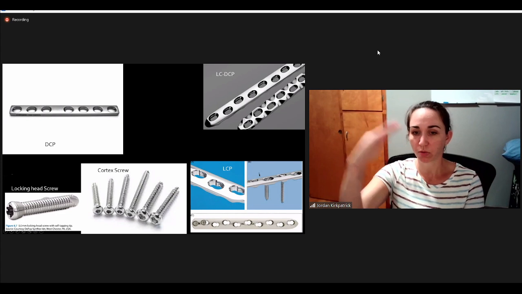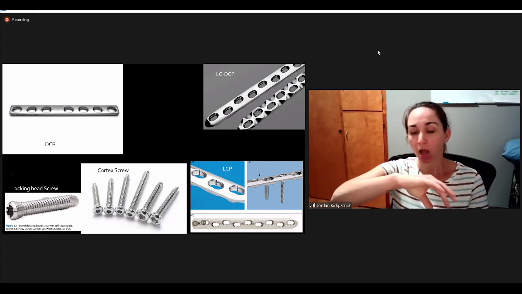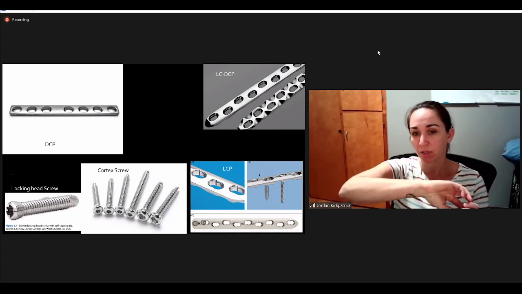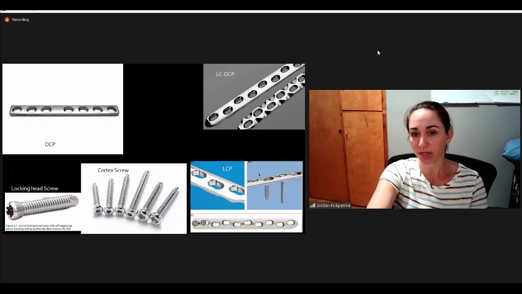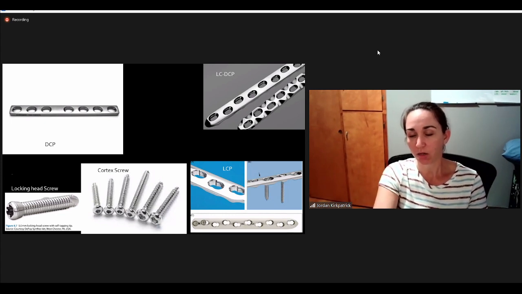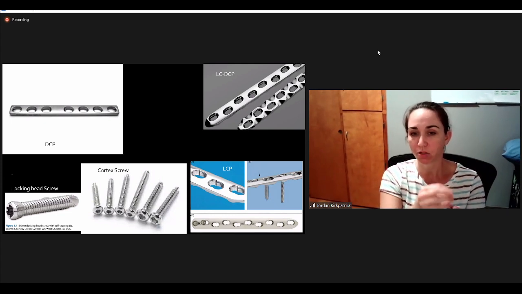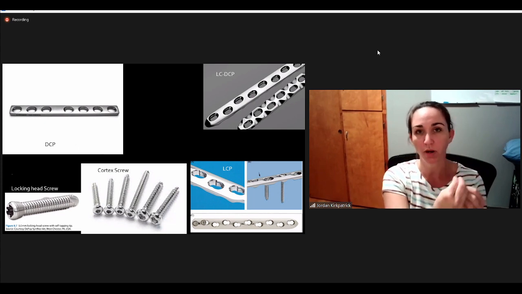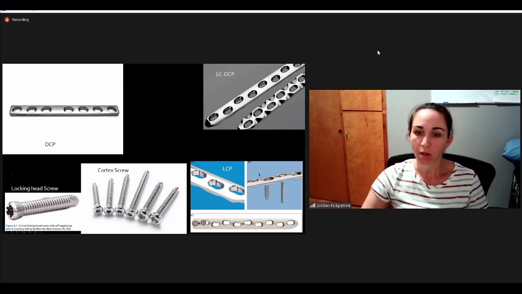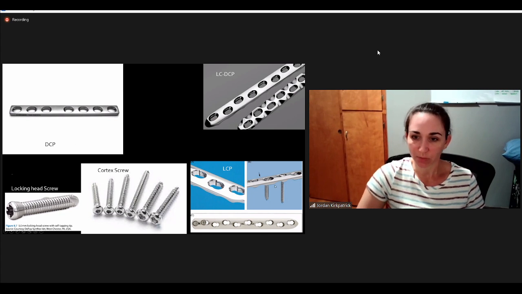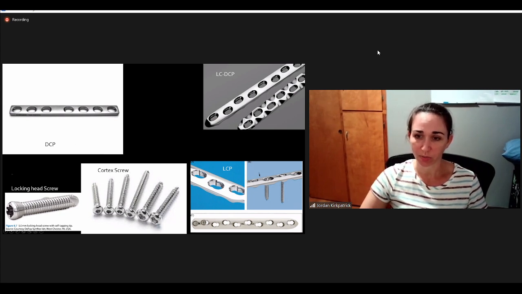The cortex screws will push the plate onto the bone, and the locking head screws do that, but since they screw into the plate as well, it's an extra amount of support because the screw and the plate basically become one unit instead of 2 separate. And so you can see in this image, the locking head screw is basically seated into the plate versus a cortex screw is a little bit above the plate. And this one, because the holes are not in a straight line, this is also a broad plate.